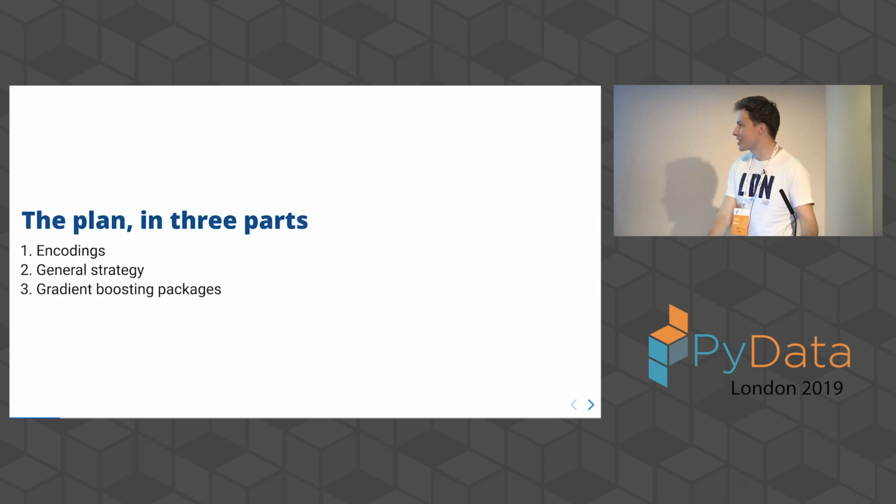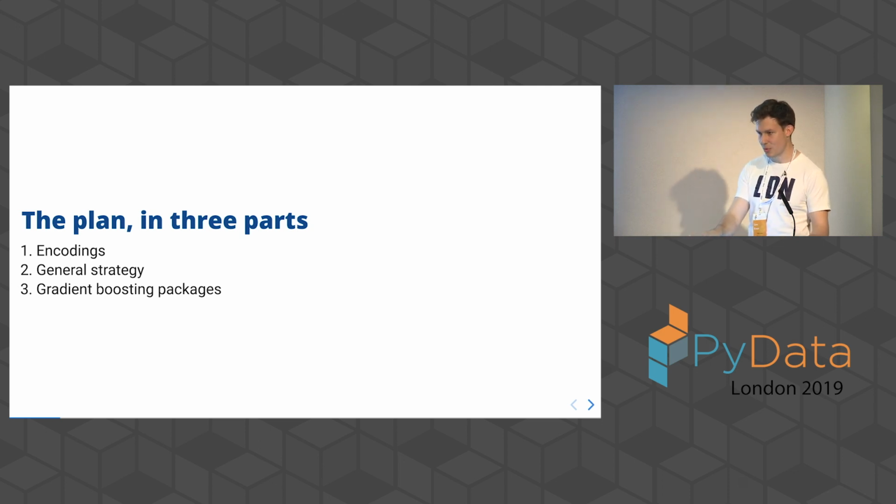So there's basically three sections. First, let's talk about different encoding strategies, what they are, pros and cons. Two, a few things to think about general strategy, like when you have categorical variables in your data, what should you think about doing, in what order, how should you approach it? And three, I'm going to talk specifically about three packages.